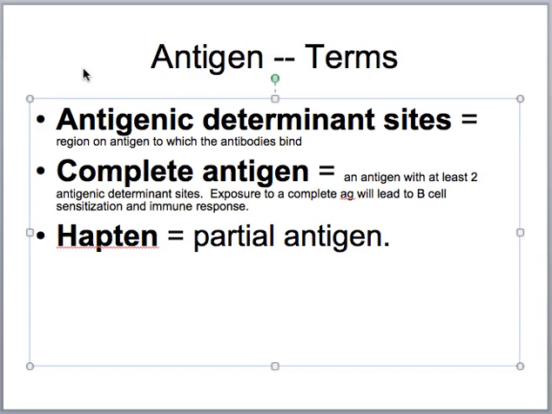Okay, so a complete antigen is required to get an immune response.